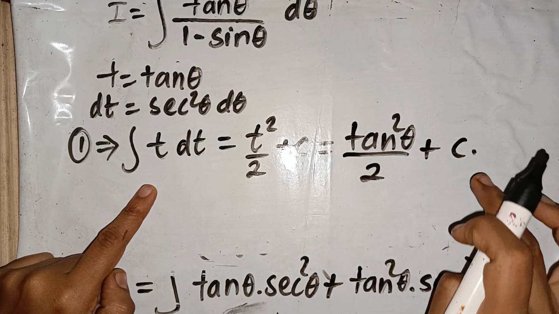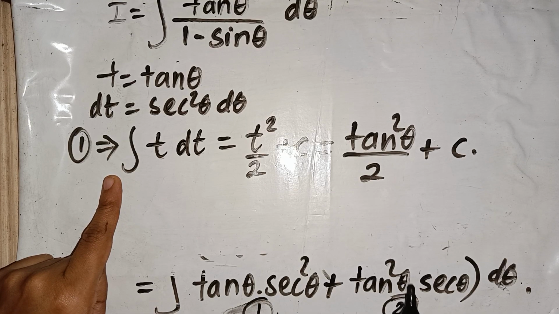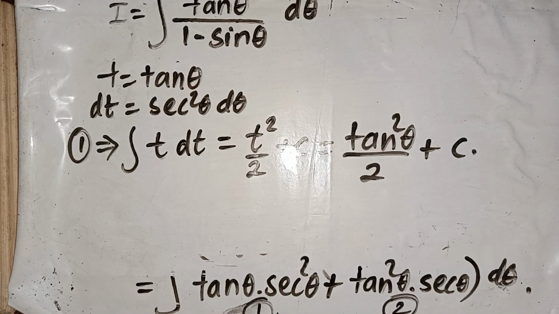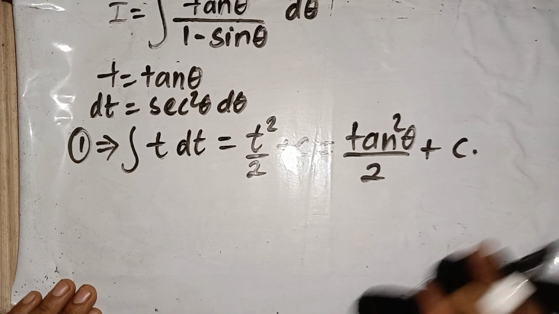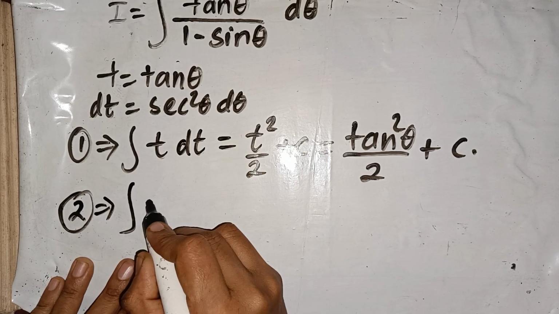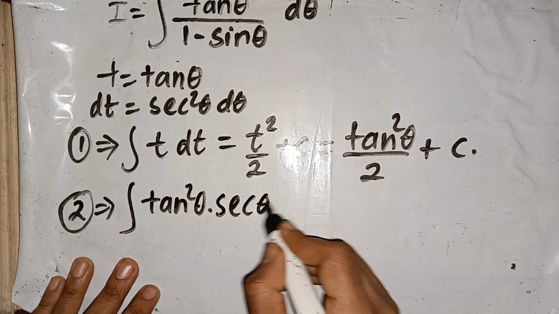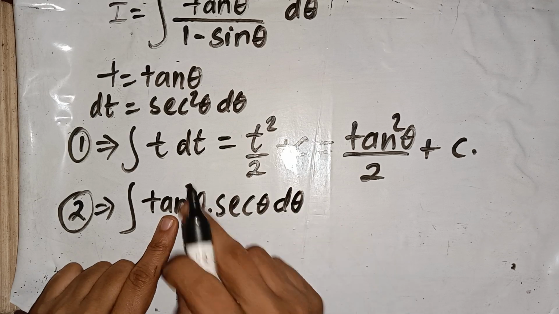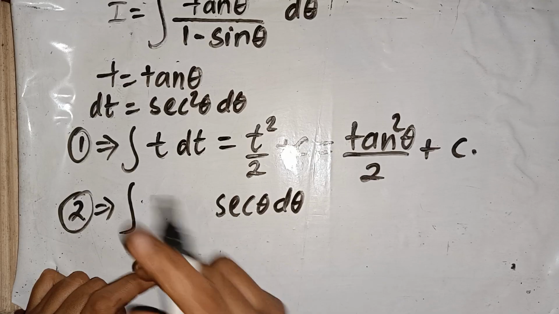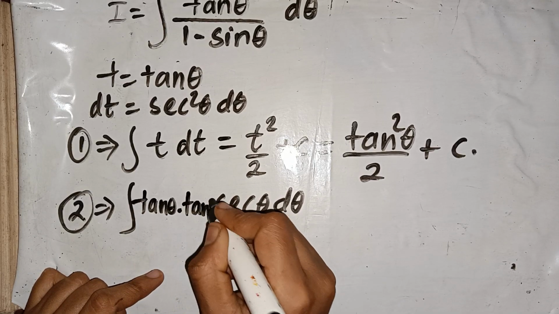Okay, this is our first integral and this is the second: sec square theta into sec theta... Okay, for the second one also you have to substitute, that is tan square theta into sec theta, right? Here you can split this, that is you can write this as tan theta into tan theta.